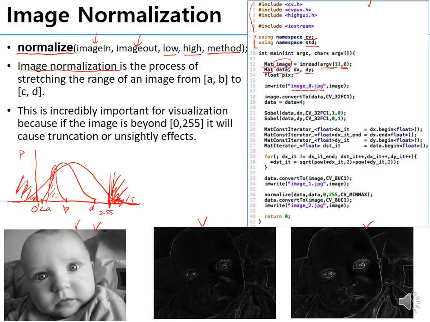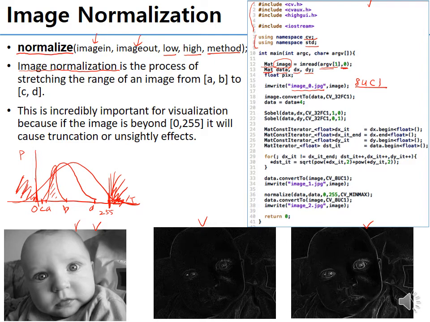I think this image is unsigned 8-bit, but they convert it to a 32-bit float image because we want to calculate something.